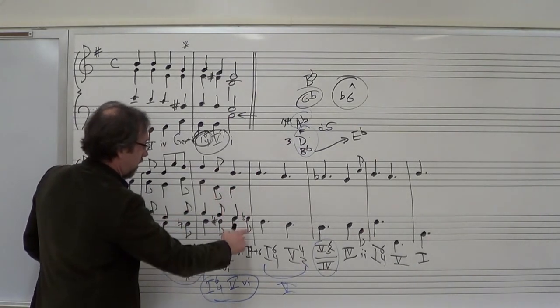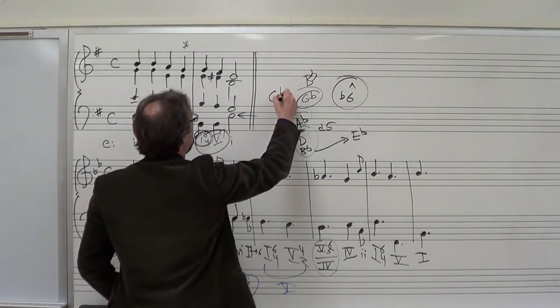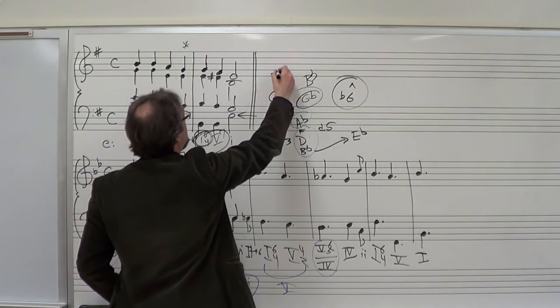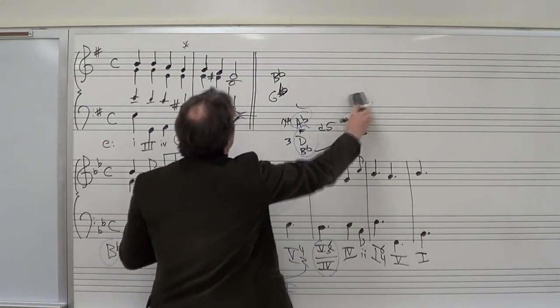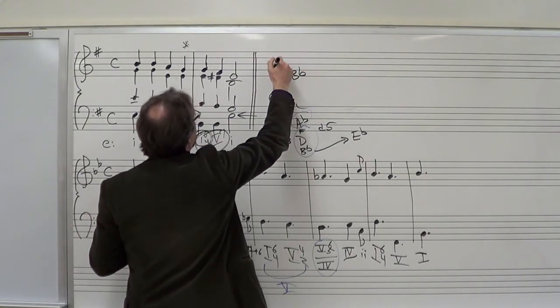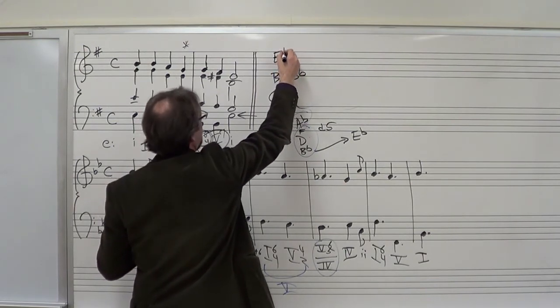So if I do that, then my Italian augmented 6, I need G flat, a major third above that. I'm going to double that, and then I need the augmented 6 interval, which would be the E natural.